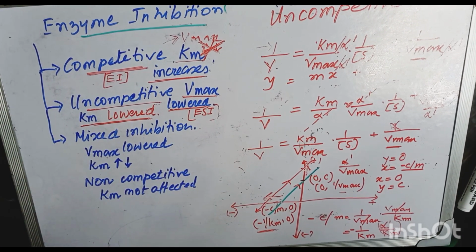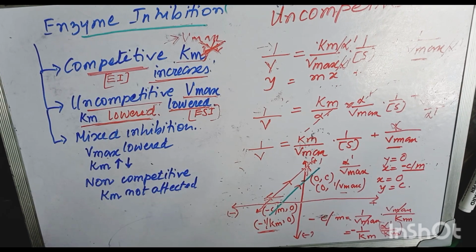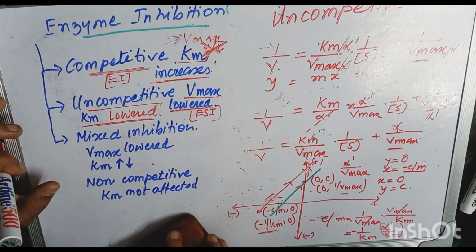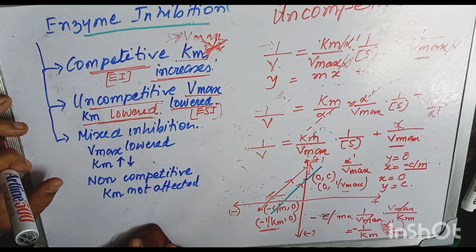So what happens in case of competitive inhibition? I will now get to competitive inhibition for this double reciprocal plot.